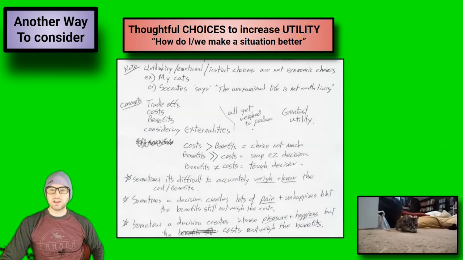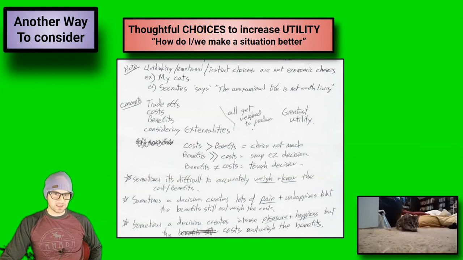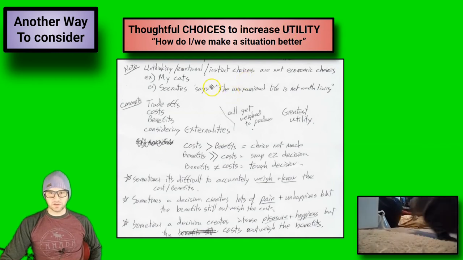Economics, you can look at it as the thoughtful choices to increase utility. Remember, utility is what you determine is satisfaction in your life, in your community, in your country. And choices is what you do. So really, economics is you making choices to increase your satisfaction with your life. Now, here's a note. You can make choices different ways. Economics would be thoughtful.